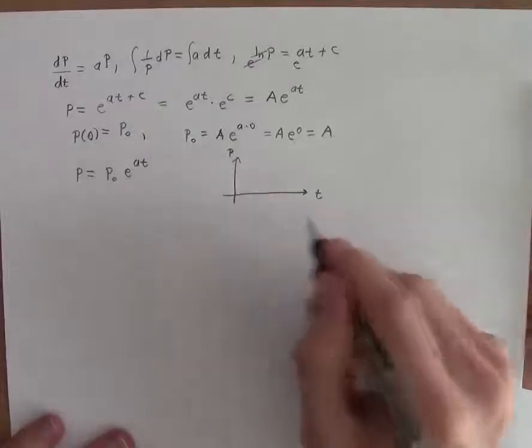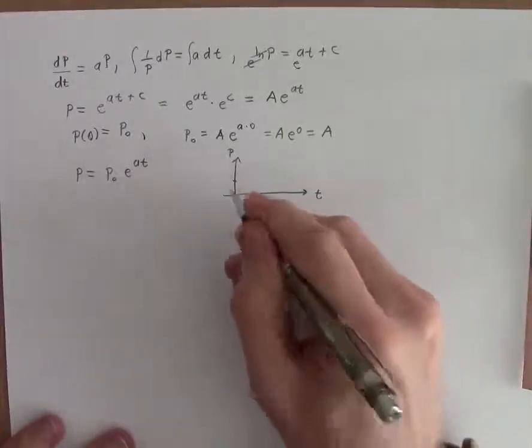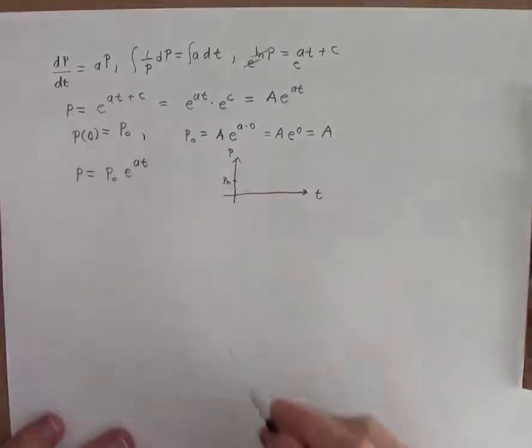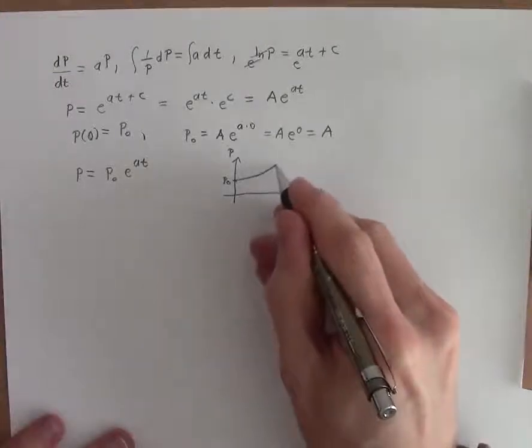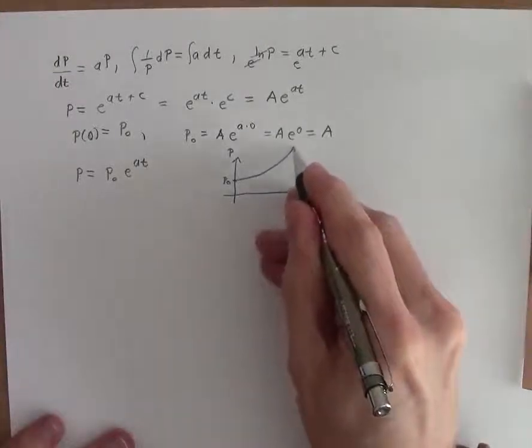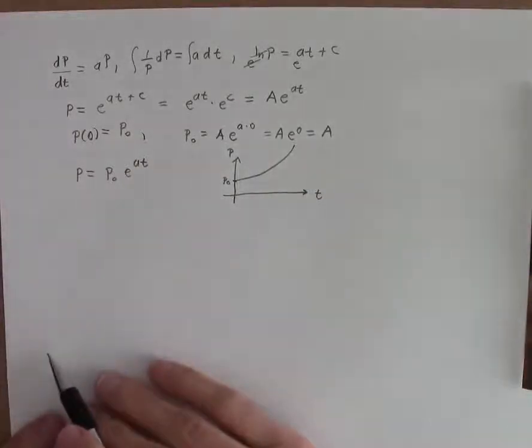So here's population versus time. And when time is equal to 0, we're at an initial population p sub 0. And as time moves on, the population is growing. And it's growing at an ever increasing rate because it's exponential growth.